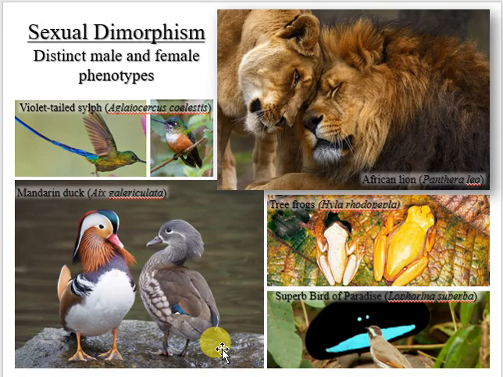It's actually the female that's the larger of the sexes. And when there's that difference, it's referred to as reverse sexual dimorphism. So you see that with tree frogs, where it's the female who's the larger of the two. The female is actually almost twice the size of the male.